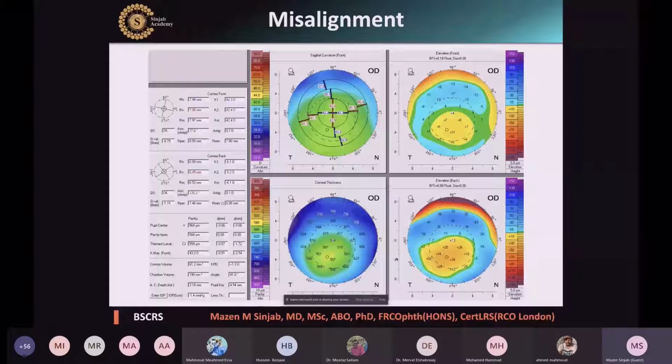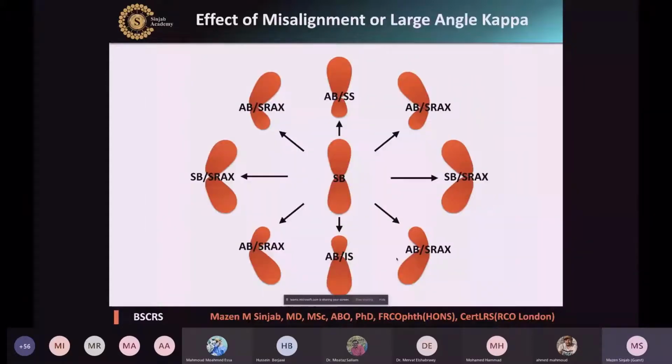There was only misalignment. Now, to highlight the misalignment effect or large angle kappa effect, let's imagine that this patient has symmetric bow tie, symmetric bow tie without skewed radial axis. Now, let's assume that this patient has large angle kappa, or he was looking, for example, to the right.